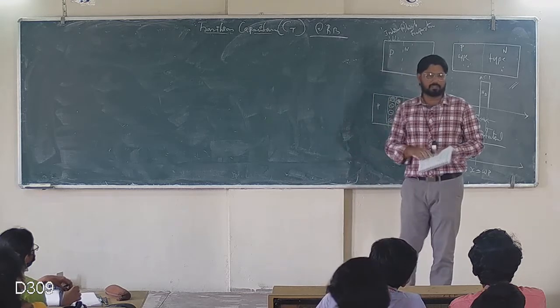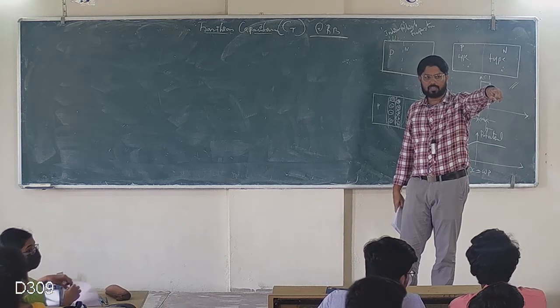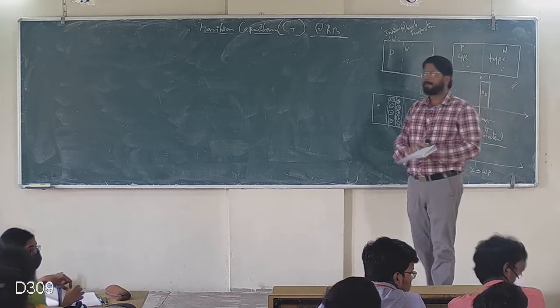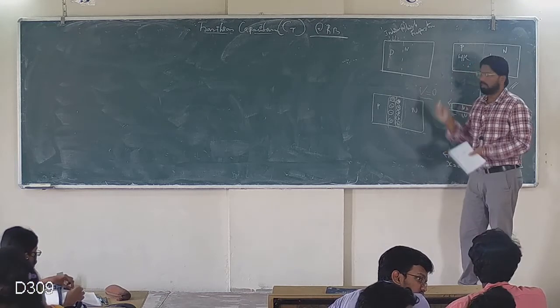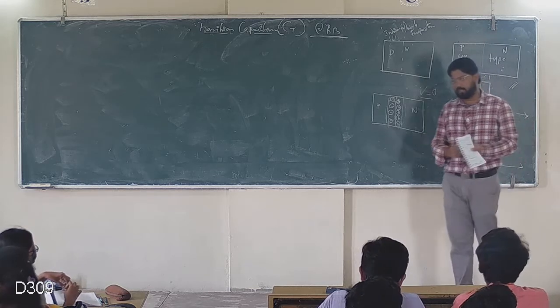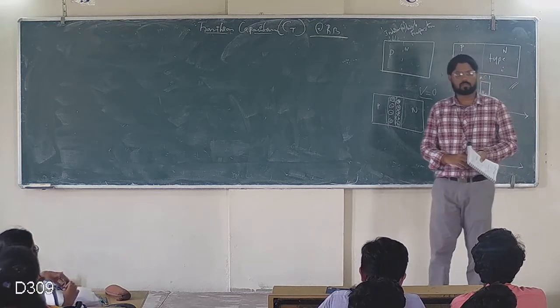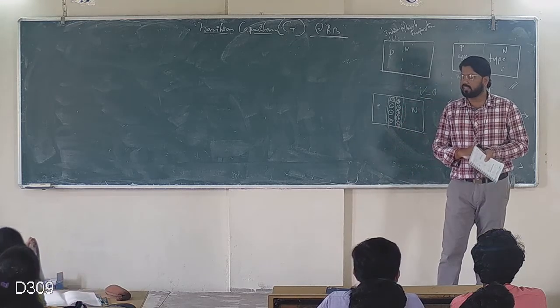What is reverse bias? Please stand up. What is reverse bias? Okay, I'm sure you don't know the answer. In reverse bias, majority carriers are moving away from the junction. What is forward bias? Majority carriers are moving towards the junction. What is transition capacitance?